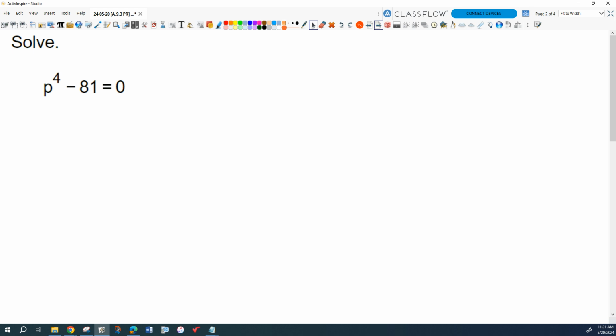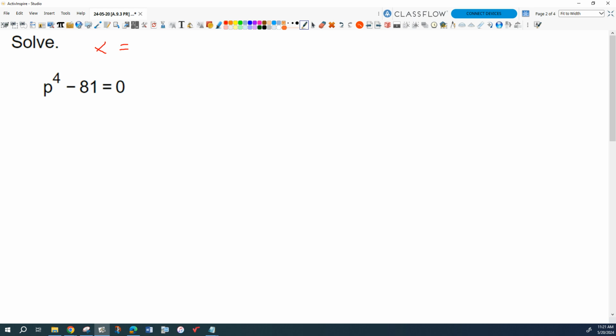Okay. So is there a way here where we could make a little substitution that would turn this into something that looks quadratic? Any ideas? Could I trade for a new variable? What if I let x equal what? P squared.